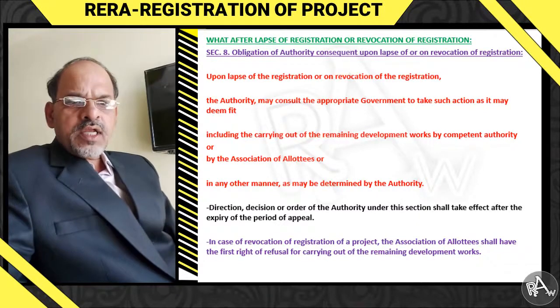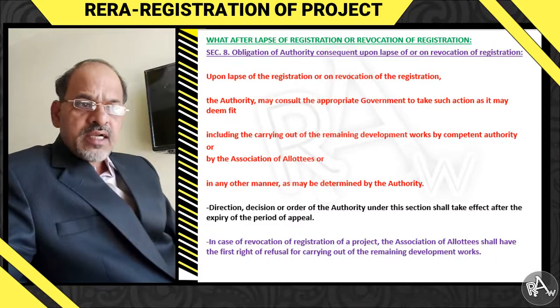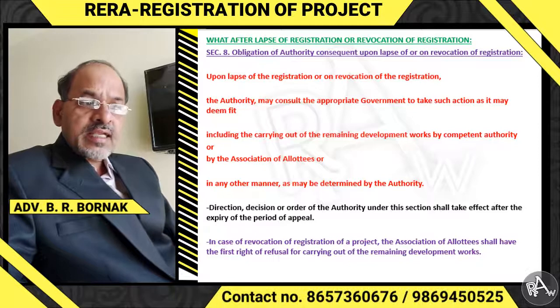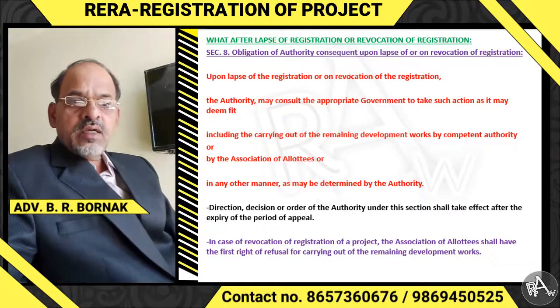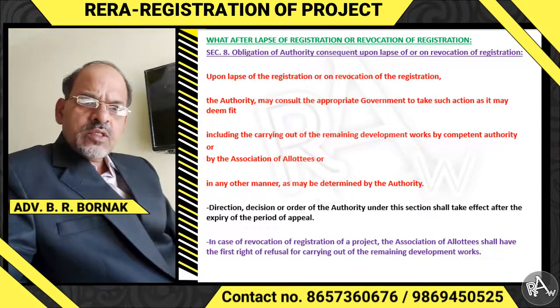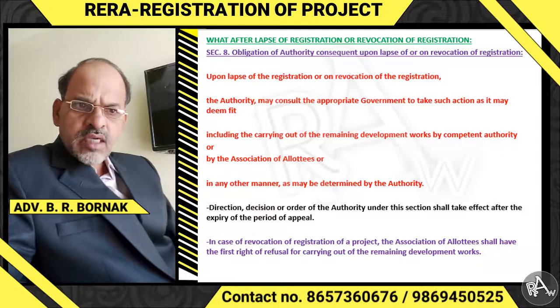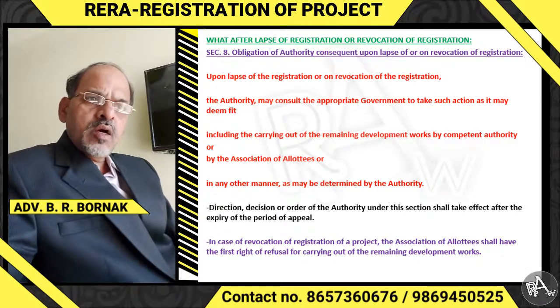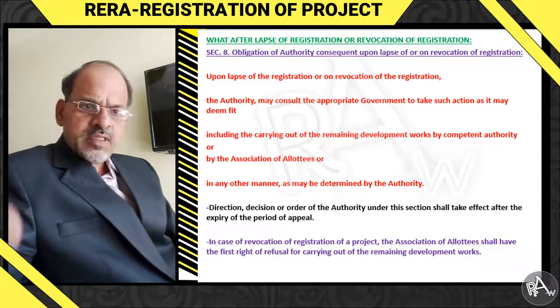Okay, the direction, decision or order of the authority under this section shall take effect after the expiry of the period of appeal. Now, there is an opportunity for the promoter to challenge the order of the authority of revocation of registration in appeal to the appellate tribunal.